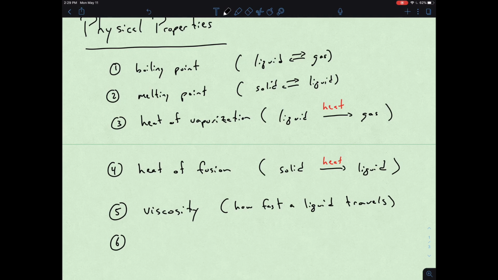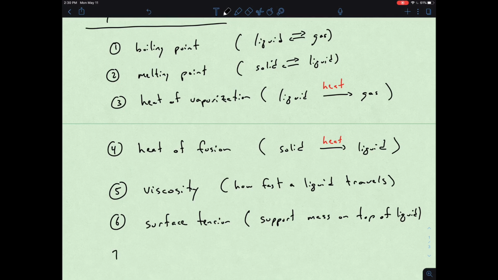Then we can get into surface tension. That's the ability for a liquid to support mass on top of it. We have capillary action as well.